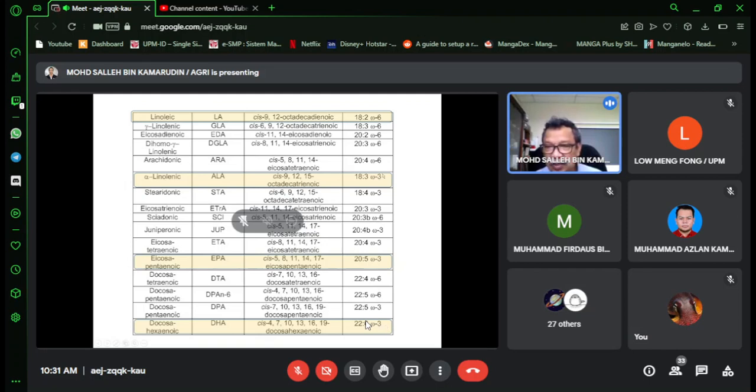The omega 3 mostly required by the marine fishes and crustacean. Omega 6, freshwater. And some freshwater require both, the omega 3 and omega 6, like tilapia, for example, they require both. But most freshwater, they require only omega 6.